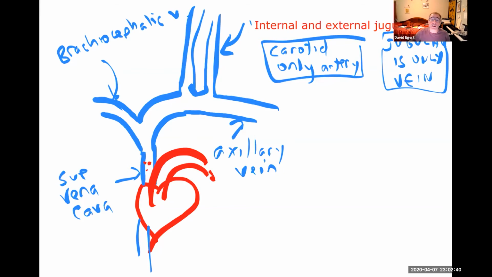So the arm is going to be way more complicated. We're going to have a brachial vein and a radial and an ulnar vein, but those aren't even the ones you see when you look at your arm and see those blue lines.